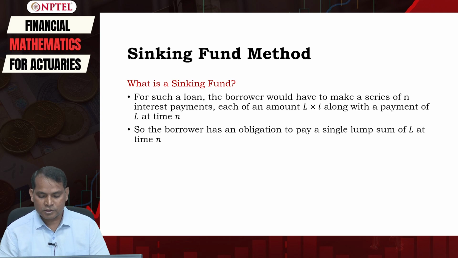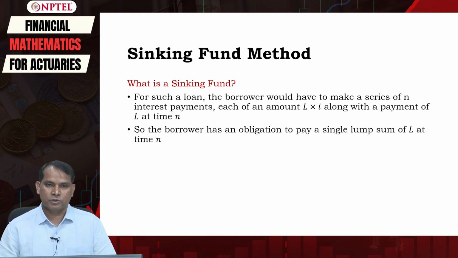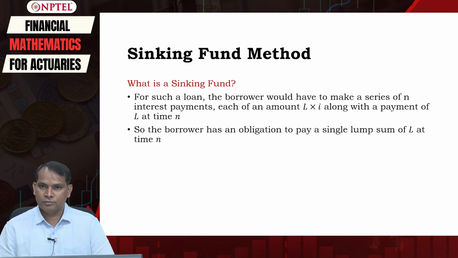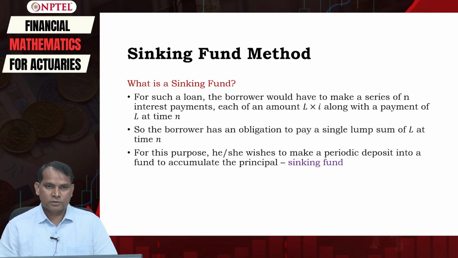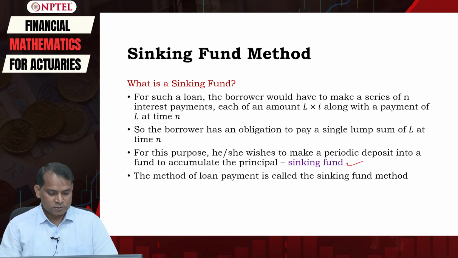So the borrower has an obligation to pay a single lump sum of L at time n. For this purpose, the borrower wishes to make a periodic deposit into a fund to accumulate the principal. This fund is known as the sinking fund, so the method of loan payment is known as the sinking fund method.